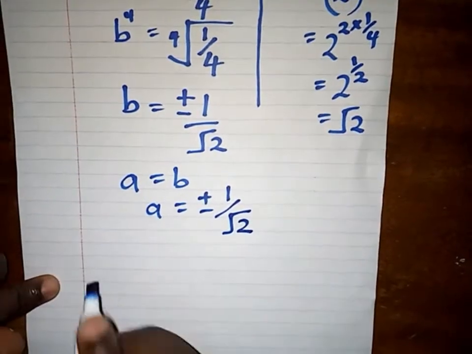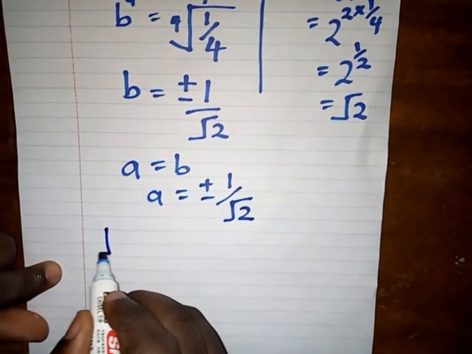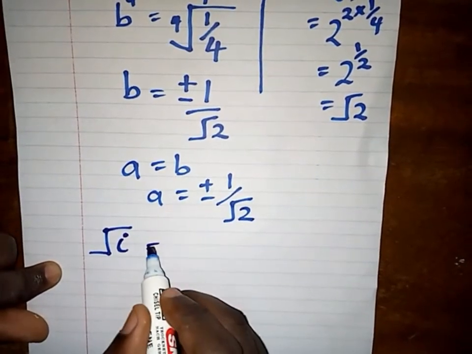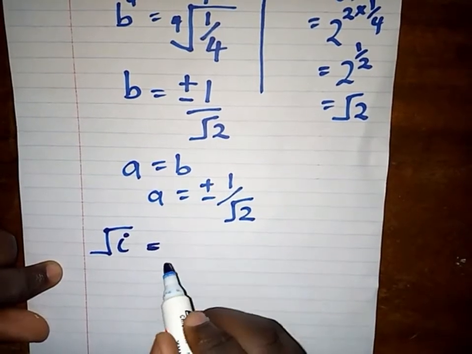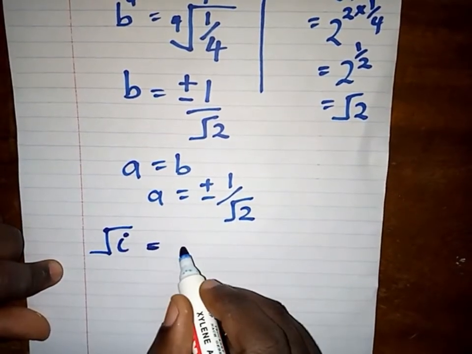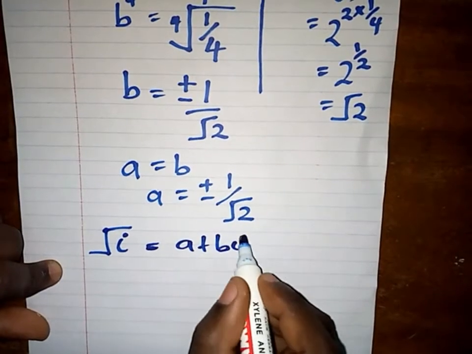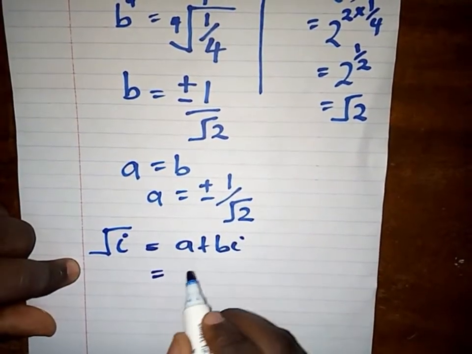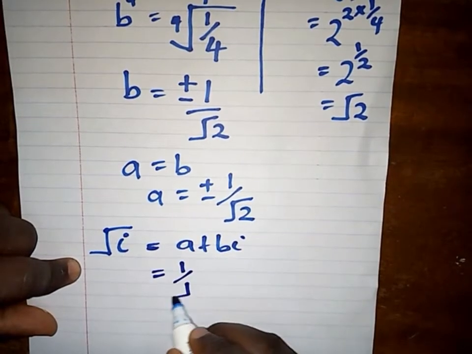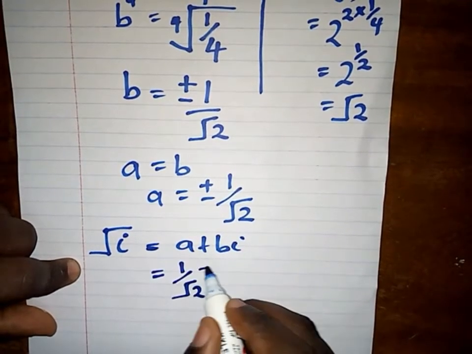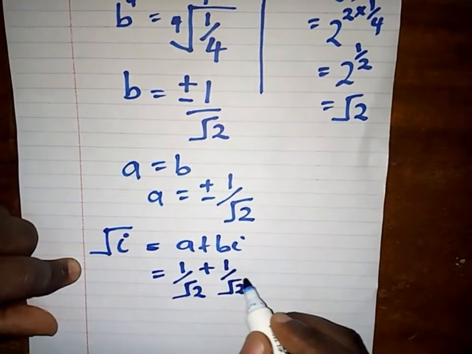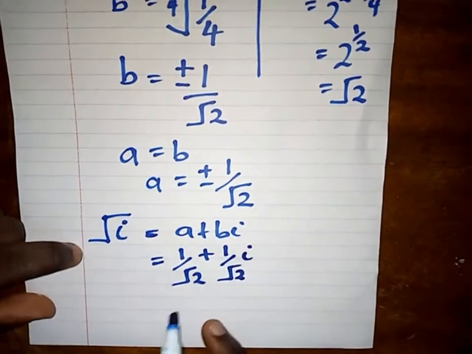That means the square root of i is equal to a plus bi, whereby my first one will be 1 out of root 2 plus 1 out of root 2 i.